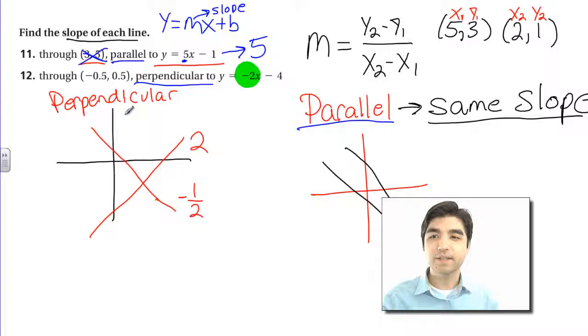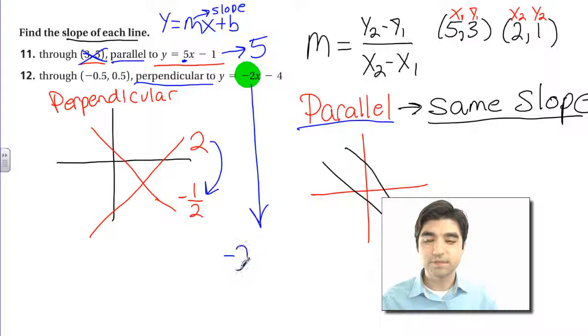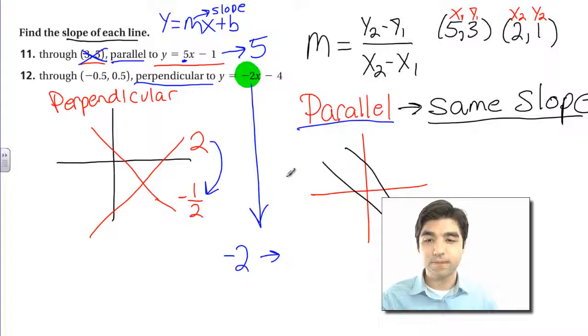Then we know that for perpendicular lines, the slope is always the negative reciprocal of the line that they give us. So for this line, we have negative 2. That means the negative reciprocal of that is you flip the 2 upside down, so you got 1/2, and then you take the negative of that.